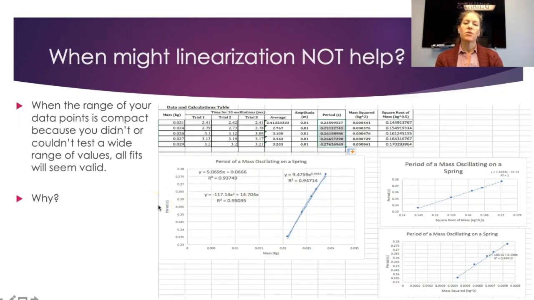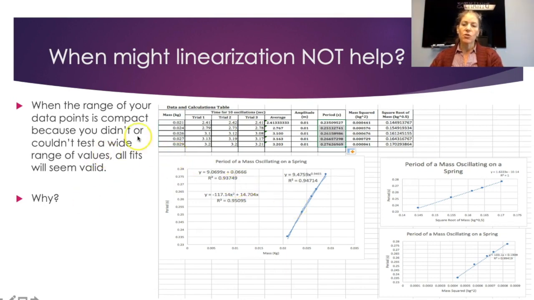So when is linearization not going to help? Well, if you have too compact a data set, it's going to be pretty much the same no matter what. I've talked to you about this before, where you have to spread out your data over a wide enough range so that you can tell what's going on. Because sometimes if you have a curve, any segment on that curve is going to give you a straight line, and so it will seem like a good fit regardless.